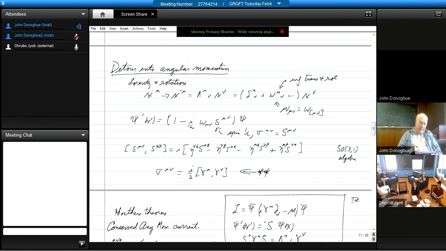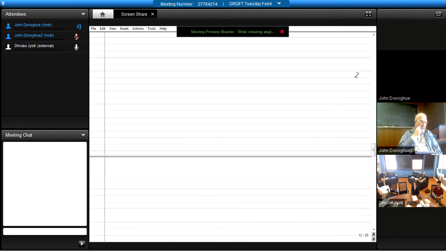And it's gotten really by gauging the Lorentz transformation temporarily to get the Noether current, and then you get the derivative from gauging that.